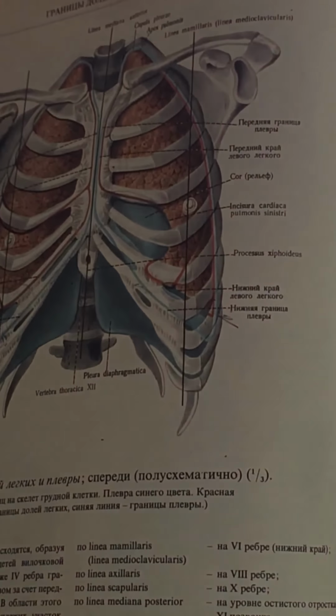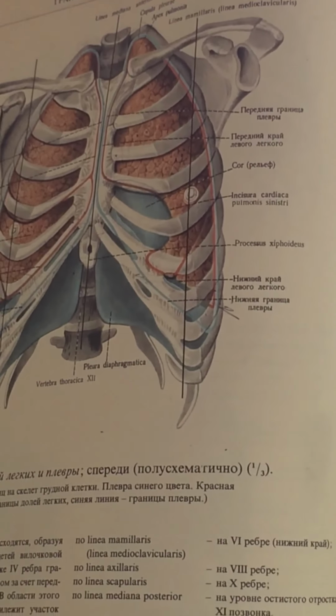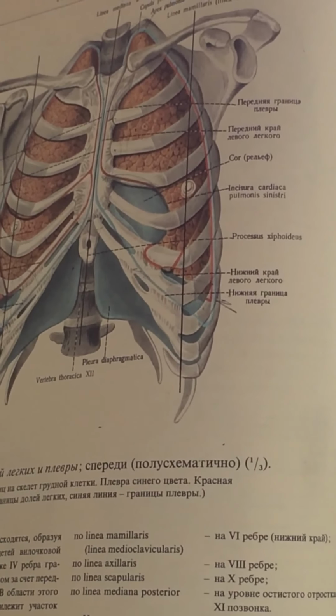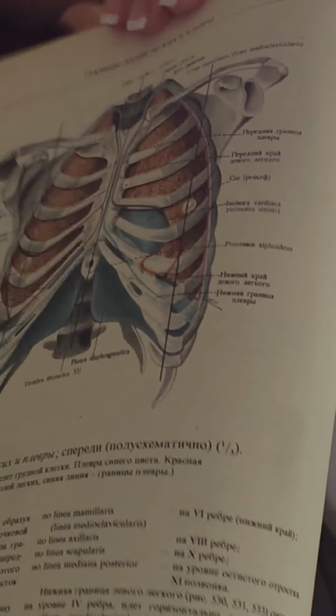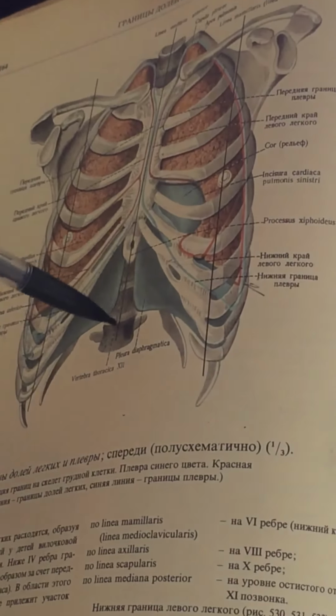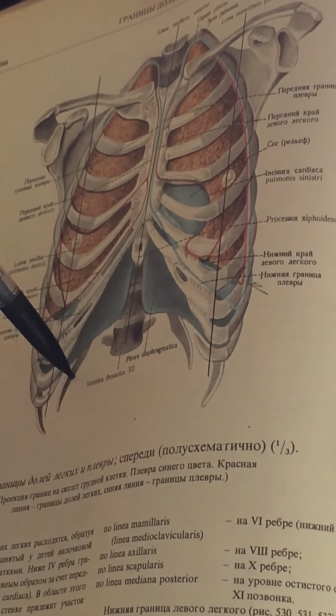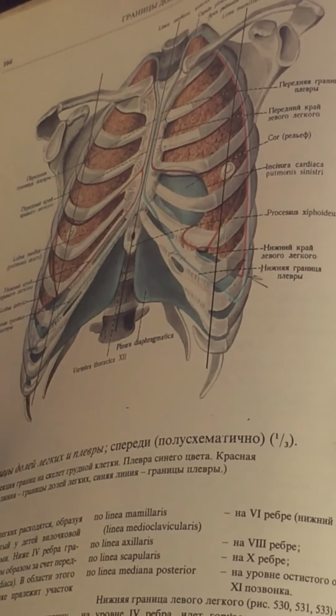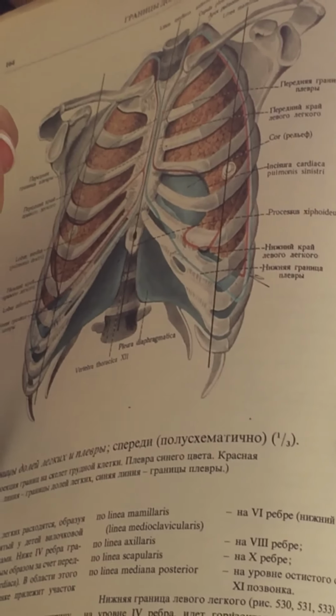Now, we also have to know the borders of the lungs. For the borders of the lungs, we have to know the lines. Do you know the lines in our body? No problem. First, we have the sternal line, which is in the middle and anteriorly located. Then we have the medioclavicular line.